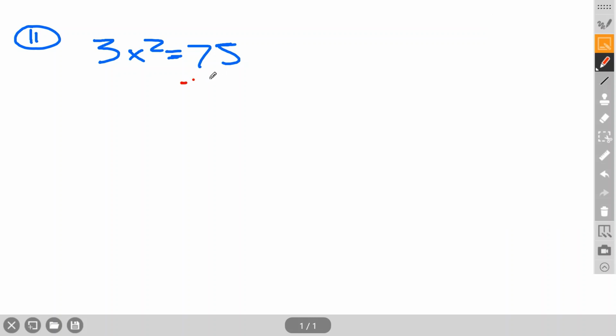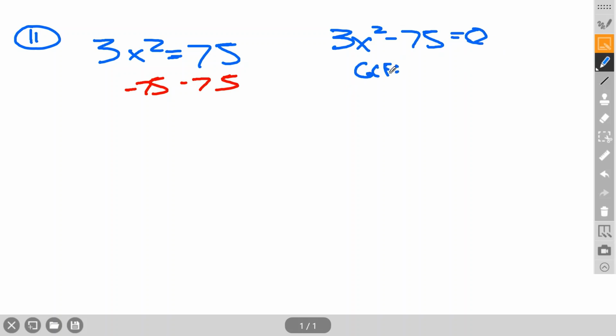So I'm going to move 75 over, which is going to give me 3x squared minus 75 equals 0. I'm going to factor out the GCF, which is 3. So x squared minus 25.